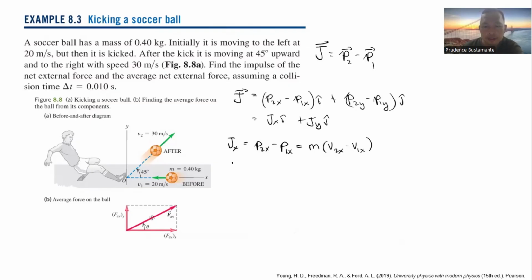For Jy, we have m times (v2y minus v1y).